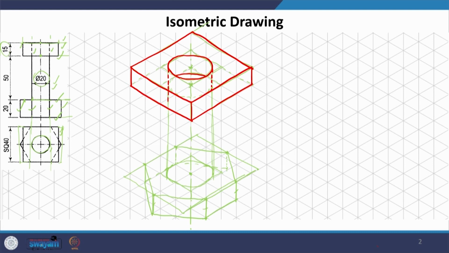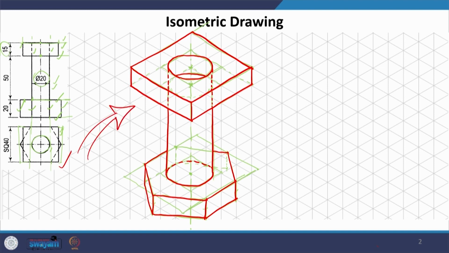Now, this is again going to be dotted, and this continues as a solid line, because this is the shaft which we are going to see, the visible portion of the shaft here, and the dotted one at the back. And then we darken the hexagonal base. I am not drawing the dotted line there, but this is how this object would turn out to be.